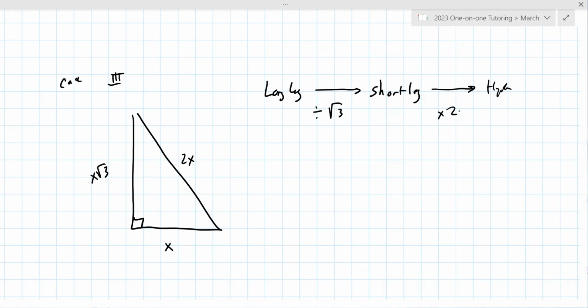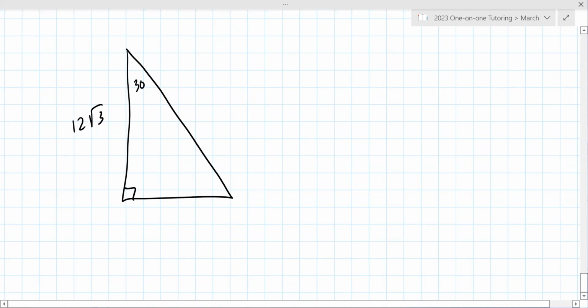Okay, so divide by square root 3. So that's just literally getting rid of the square root in this scenario. Maybe. Let me give you the best case, which is 12 square root 3 is your long leg, and you've got to find A and C. To go from the long leg to the short leg, you divide by the square root of 3.